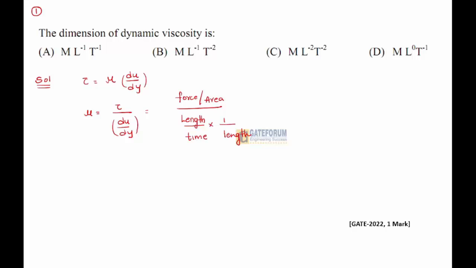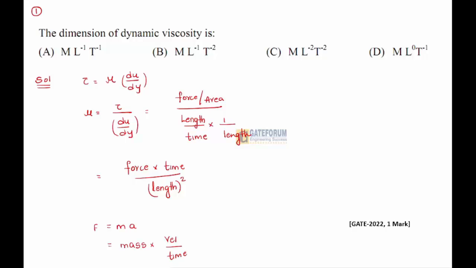So obviously, on simplifying this, we get force into time by length square. So we will be getting force F is ma, mass into acceleration, and acceleration is velocity by time, right?